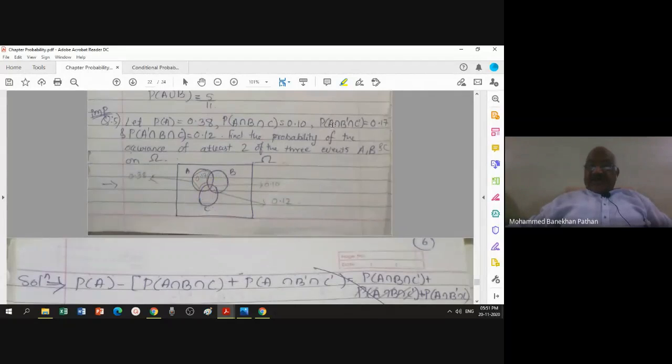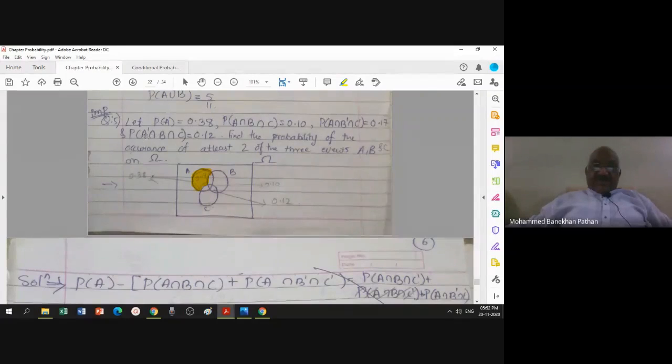Now P(A ∩ B' ∩ C'): the element of A which is out of B and out of C, that is 0.17. What is here?